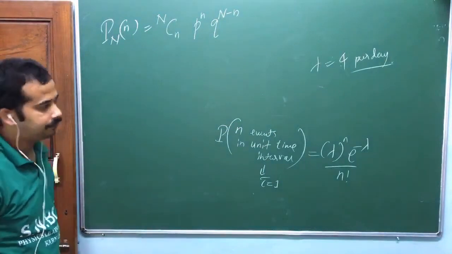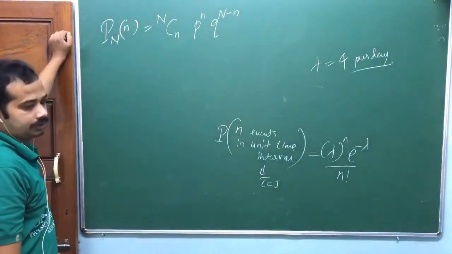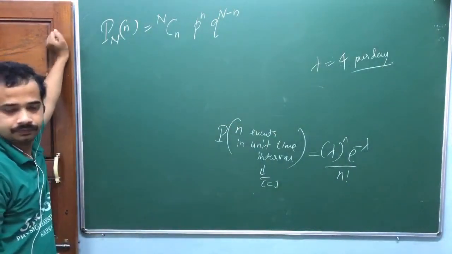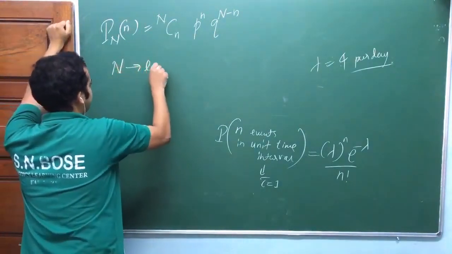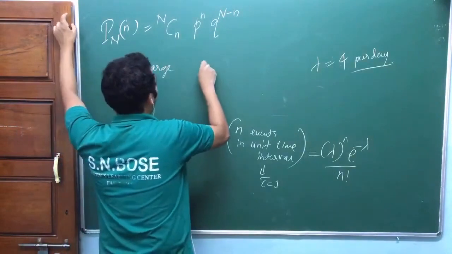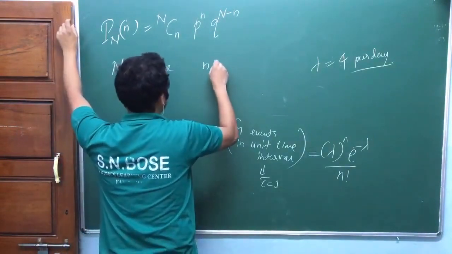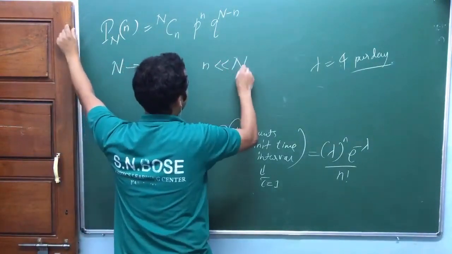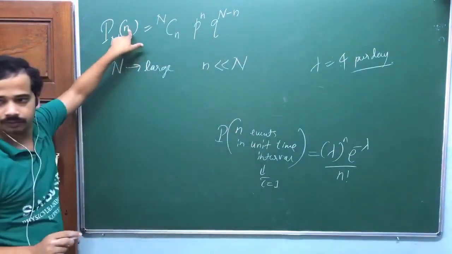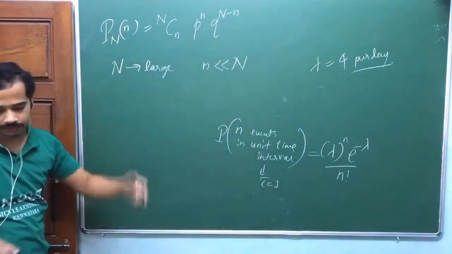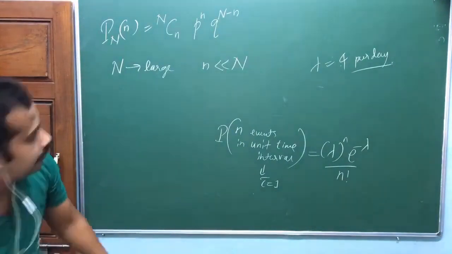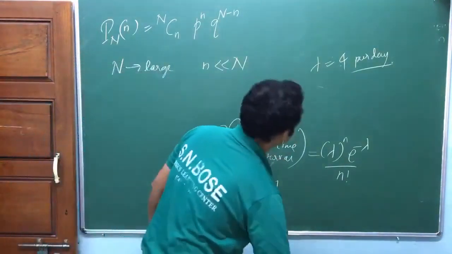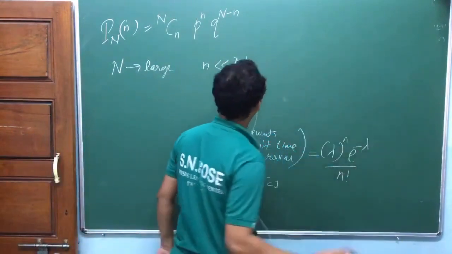Now, if capital N is very large, and small n is very much smaller than capital N, and p is very small.